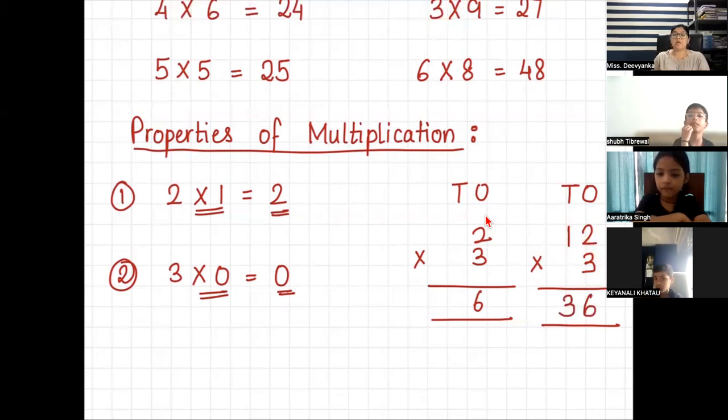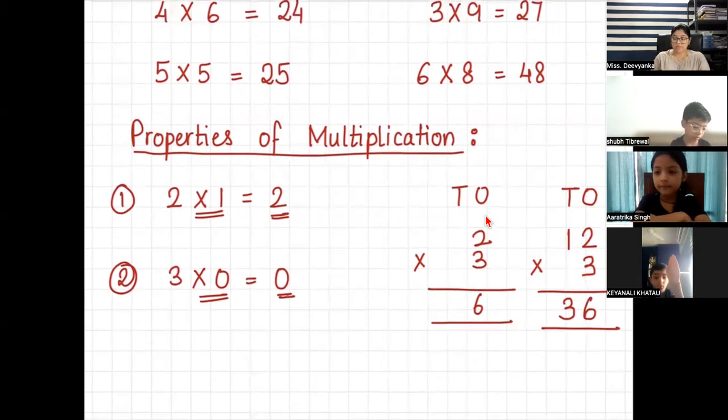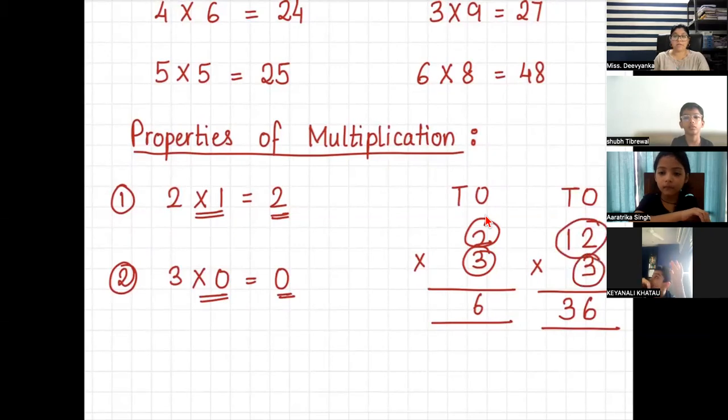So the answer of this multiplication, 12 into 3, is 36. Okay, is that clear? This is a 1-digit by 1-digit multiplication. This is a 2-digit by 1-digit multiplication. Is it clear, everyone?